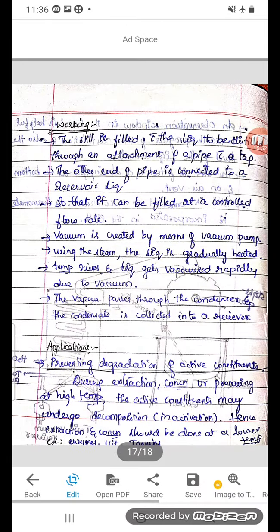So next is the application. It prevents degradation of the active constituent, because the liquid starts to boil below its boiling point only. Another is changing the physical form: in the preparation of cascara sagrada tablets, a granular extract is suitable, so you are going to change the liquid state to a completely dry state.